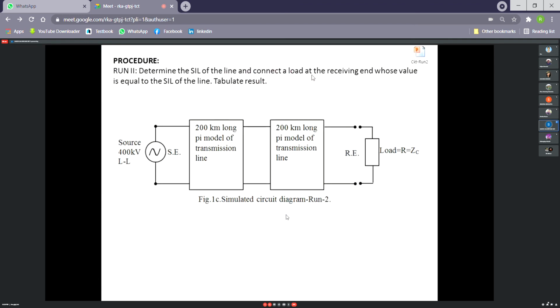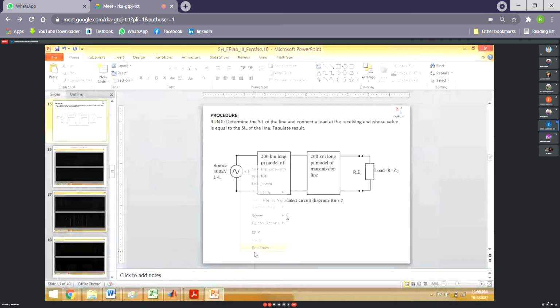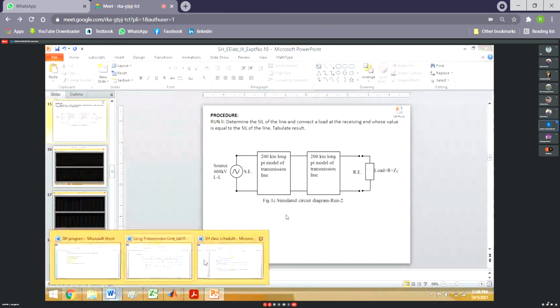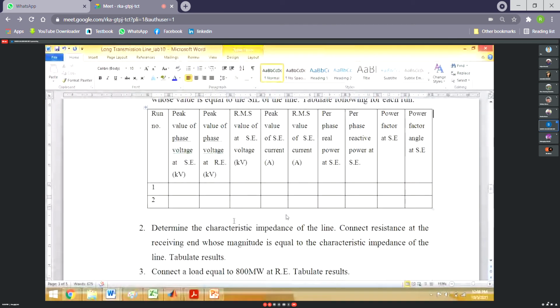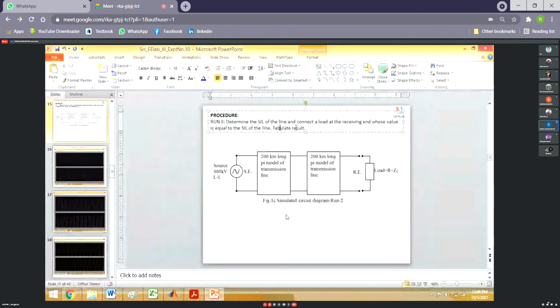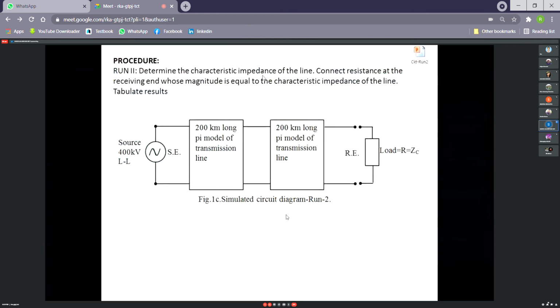Connect a load at receiving end. One minute. Determine the characteristic impedance of the line.